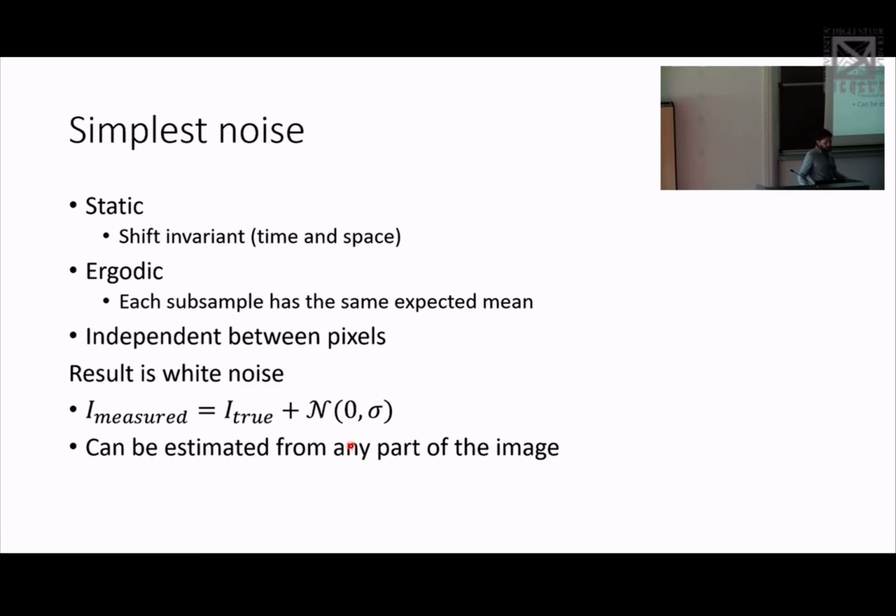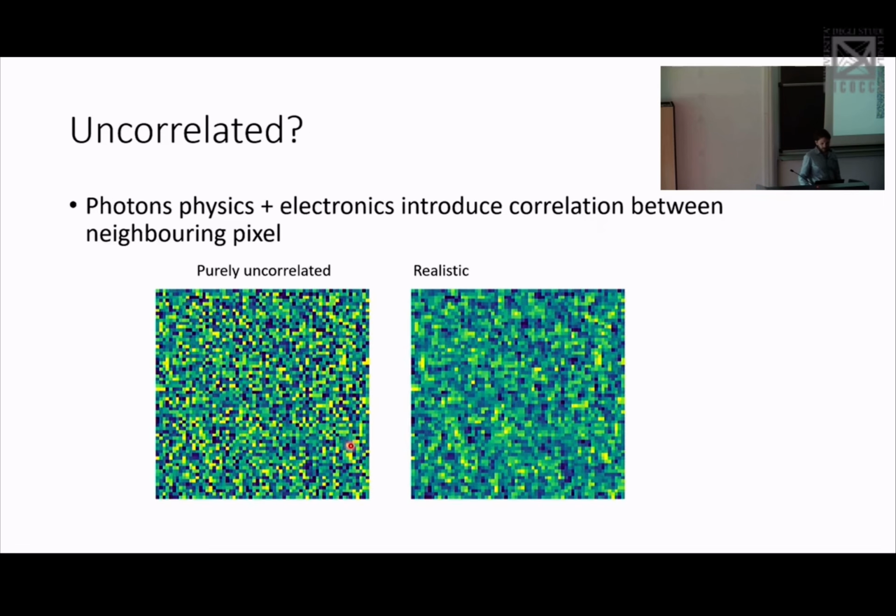And you can estimate its magnitude from any part of the image. This is the purely uncorrelated noise in theory. In most realistic situations, there is some correlation between neighboring pixels.